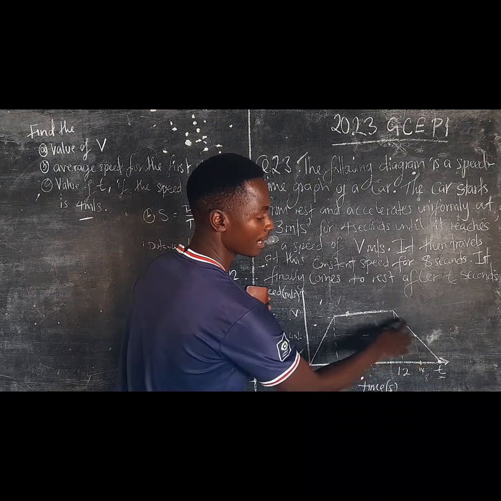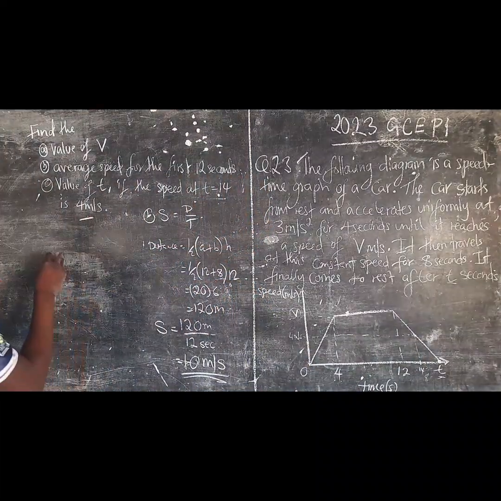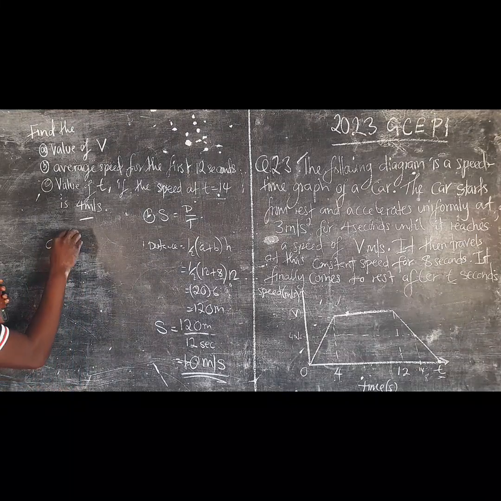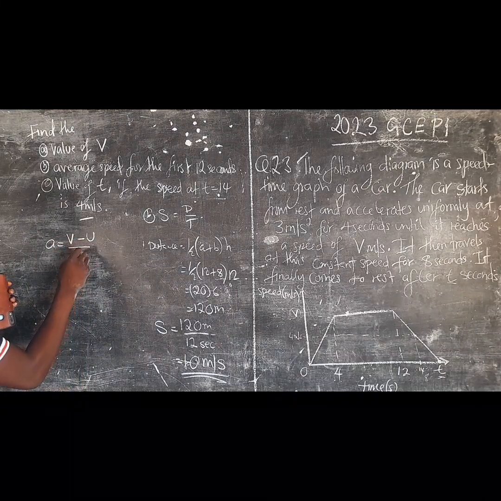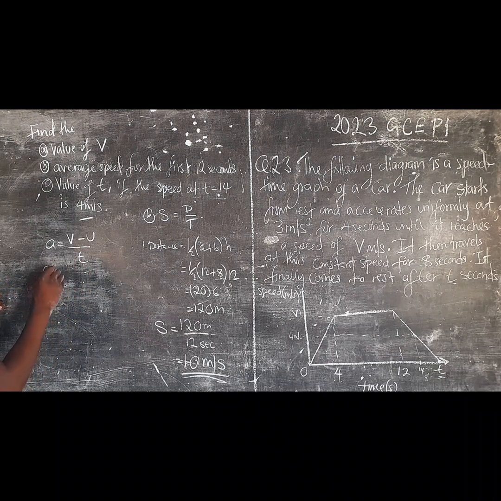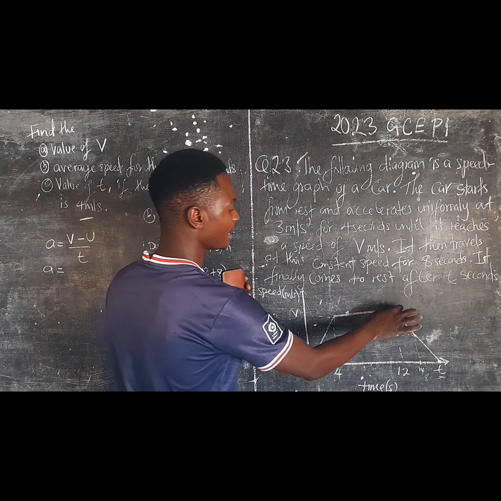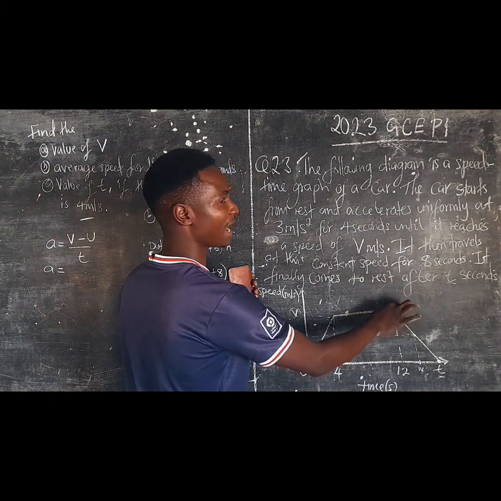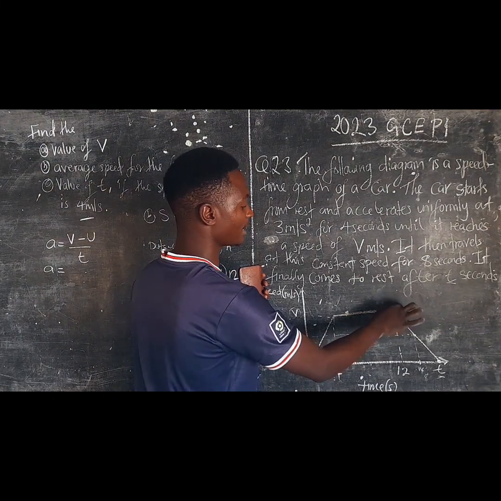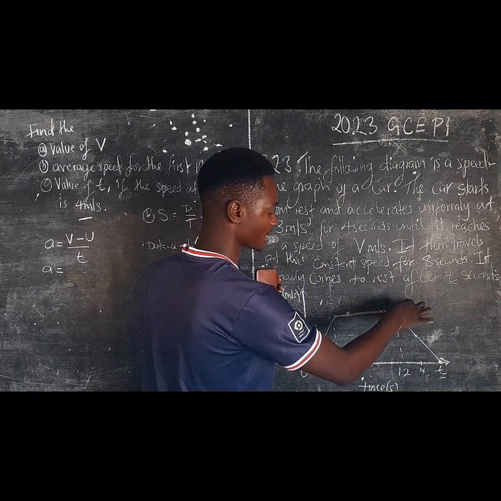deceleration here. So acceleration is equal to final velocity minus initial velocity over time taken. A is equal to, now the car is starting from here and the driver applies brakes.